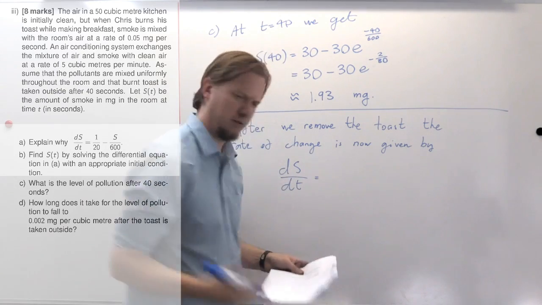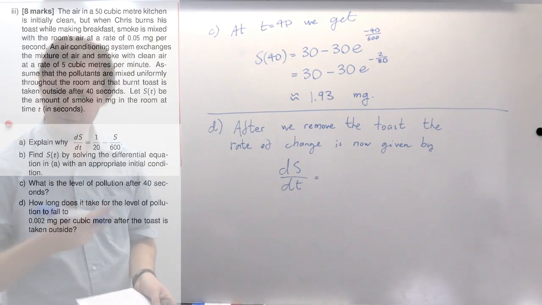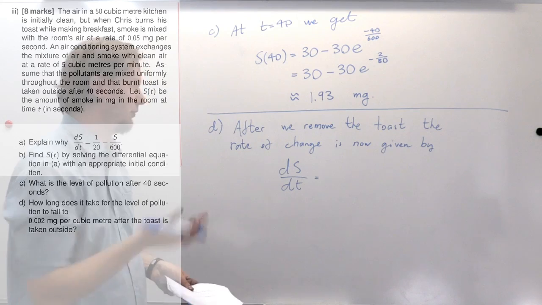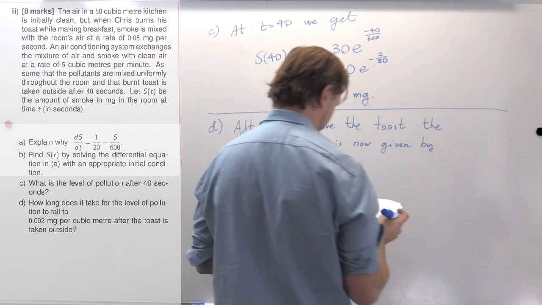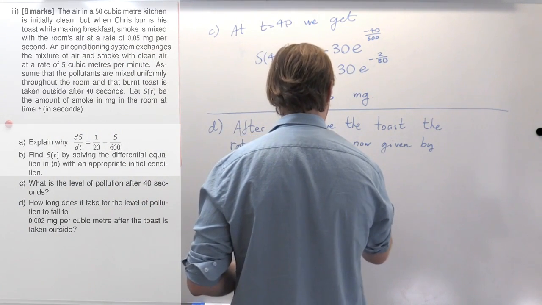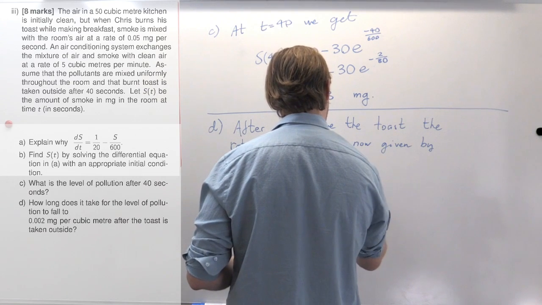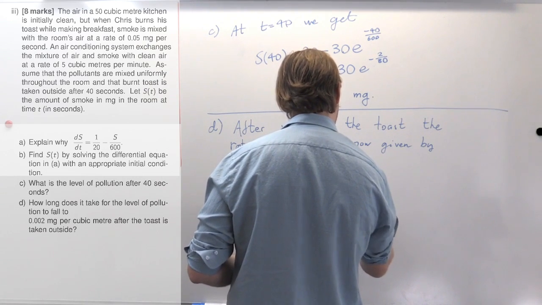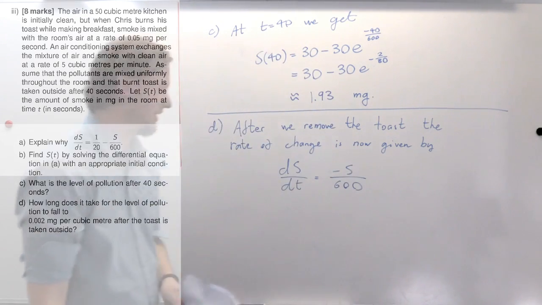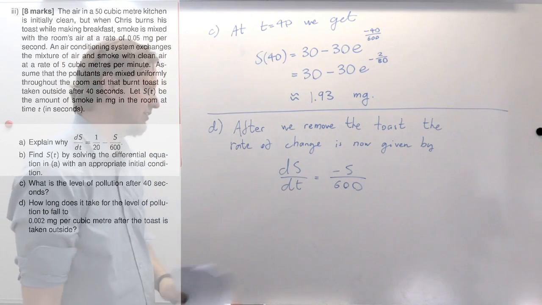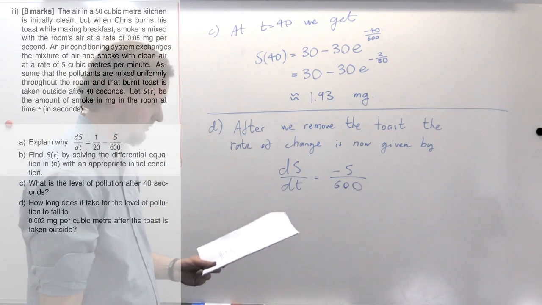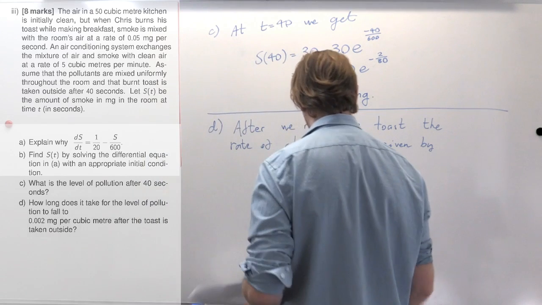Well, we've removed the source of the smoke, so all we have left is the air conditioner pumping smoke out. And that means we just remove the inflow part of the equation. That's minus S over 600. This is what the air conditioner was doing. It was taking smoke out of the system at this rate.